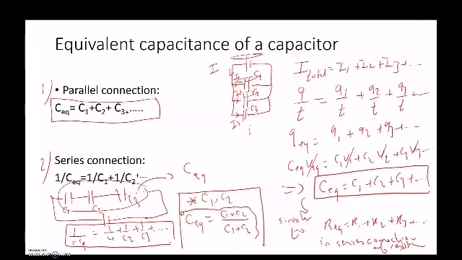This is a special case only if we have two capacitors. It will not work if we have three capacitors or more. Of course, you can prove it from this equation: start with 1 over C equivalent equals 1 over C1 plus 1 over C2 and proceed in mathematics to do it.